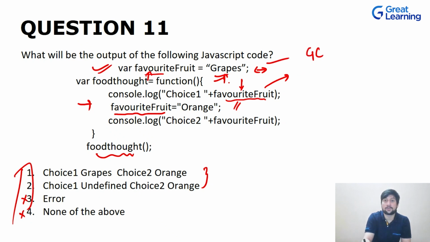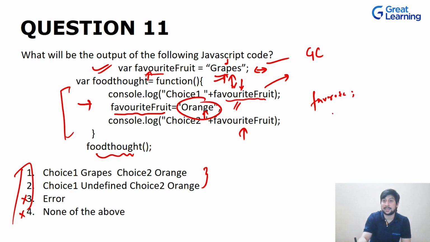So the favorite food will take up this value. Now in this context, we have changed the value. This is a block scope of this favorite food. So value has been changed. So it will not refer to this variable. It will refer to this value, this favorite food. So that is why while accessing it, it will not go to the earlier context, right?